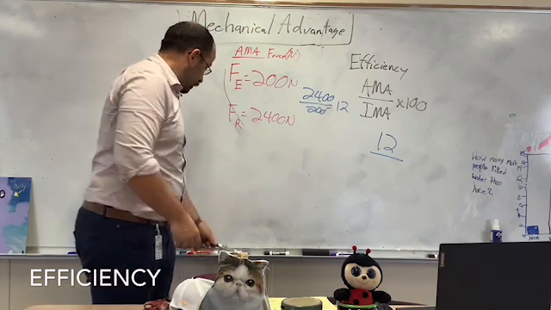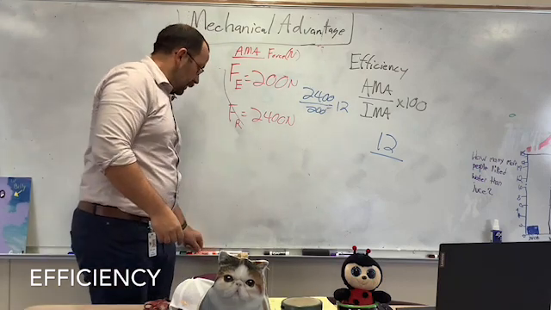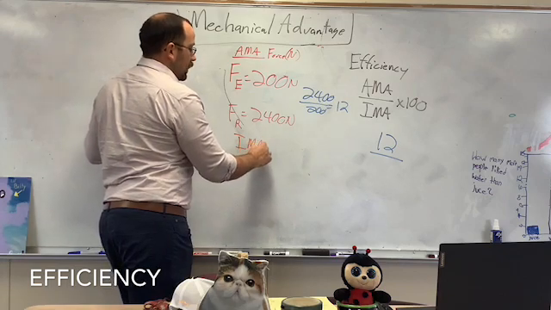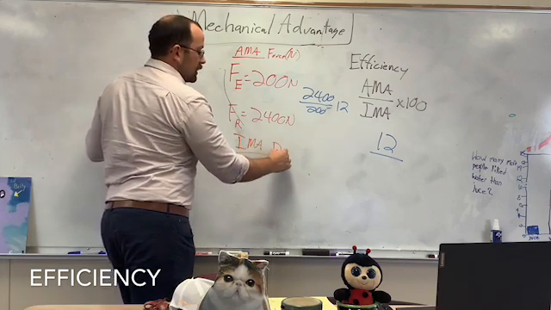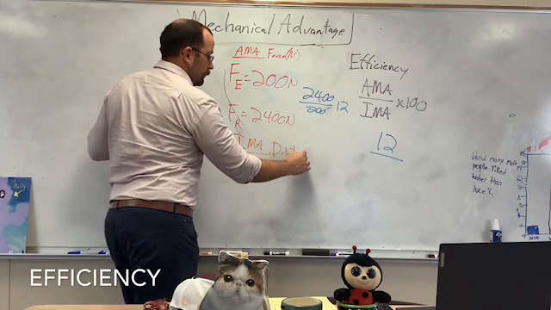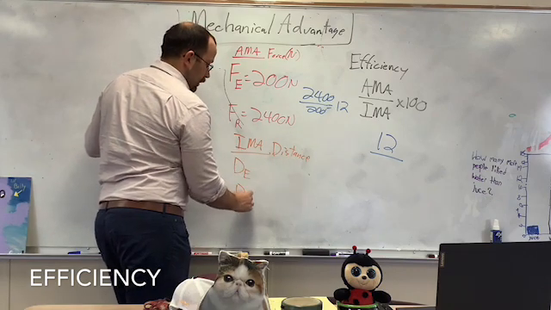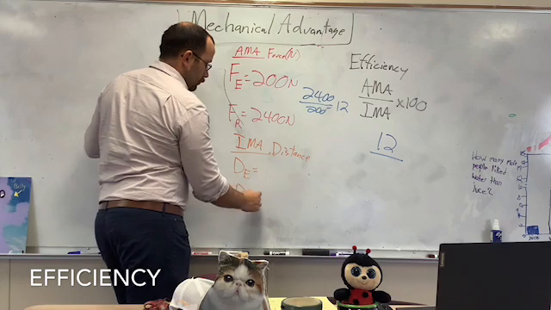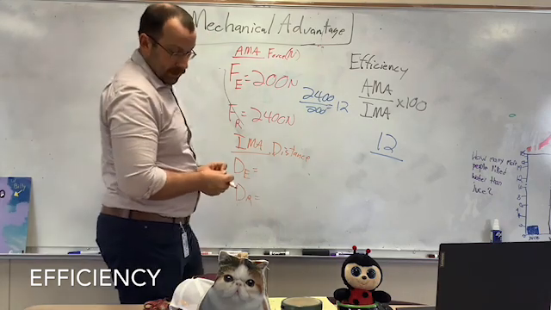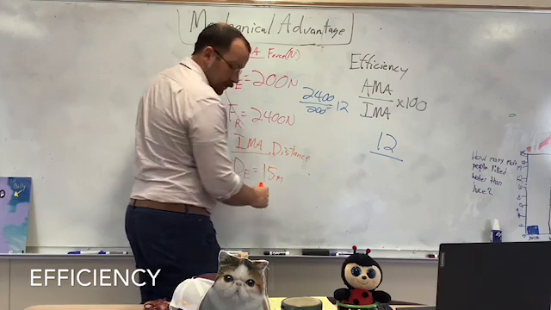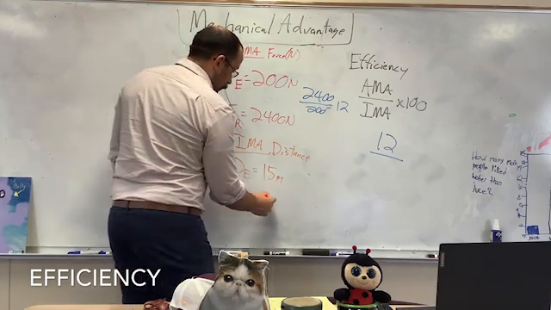Now I'm looking for my IMA, ideal mechanical advantage. This always deals with distance. So I do DE and DR, and let's say it's 15 meters and 1 meter.